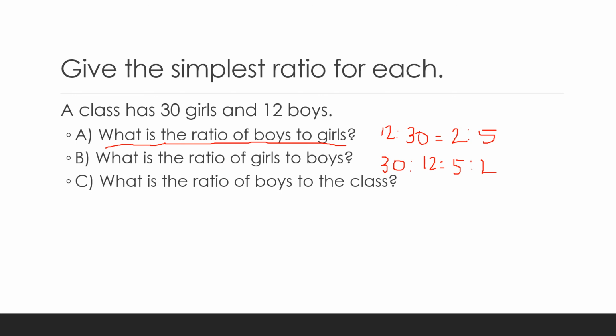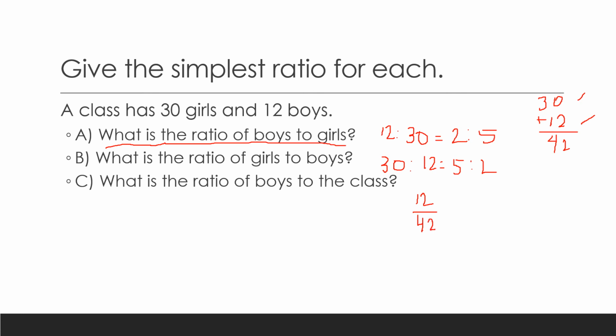Letter C. What is the ratio of boys to the class? If we are going to add 30 plus 12, the total number of students in the class is 42, because we have 30 girls and 12 boys. So, the ratio of boys to the class is 12 over 42.